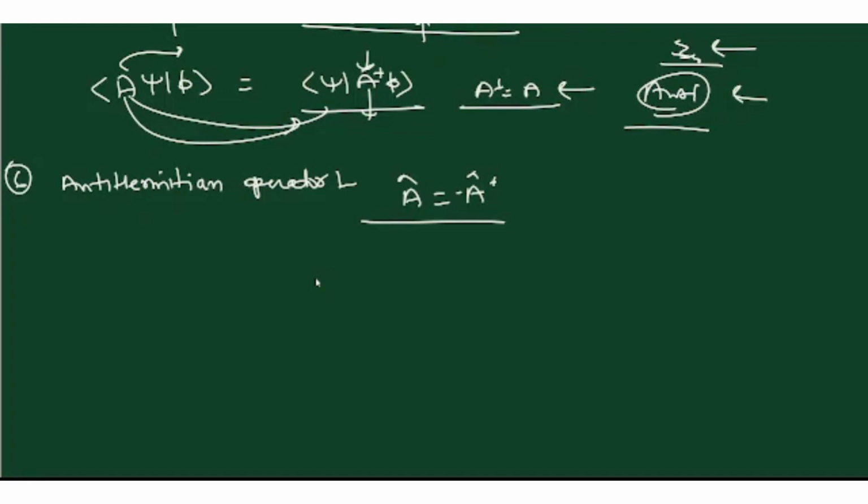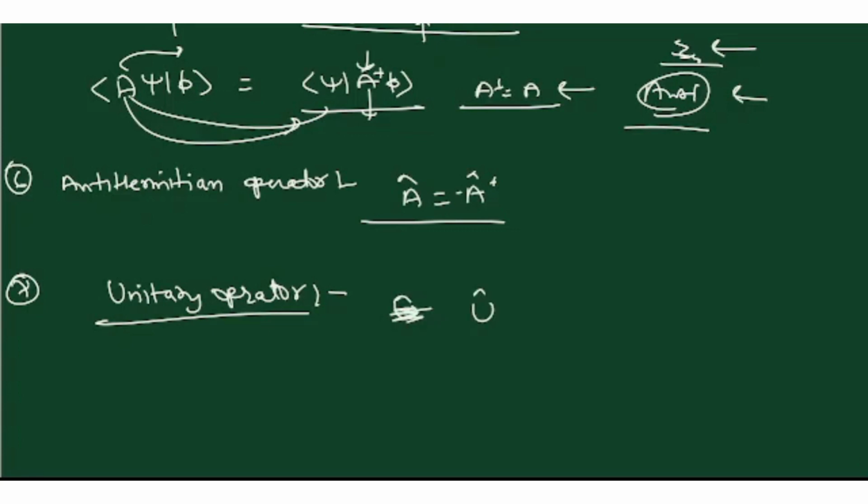The next type, the seventh, is the unitary operator. This is a very important and basic operator, which is used in time translation and space translation. Many concepts are introduced by the unitary operator.